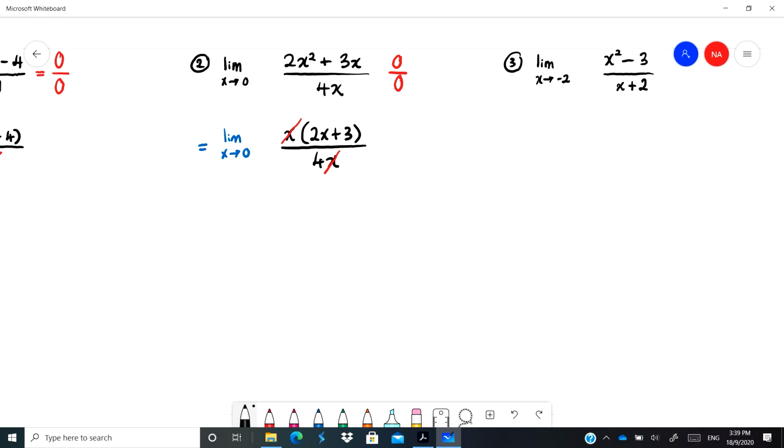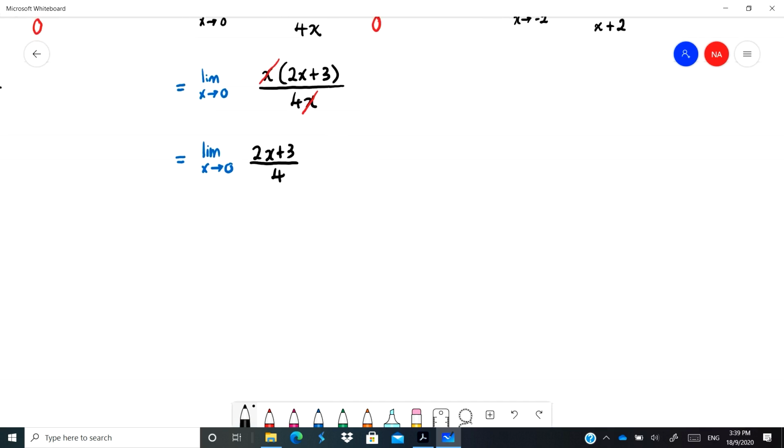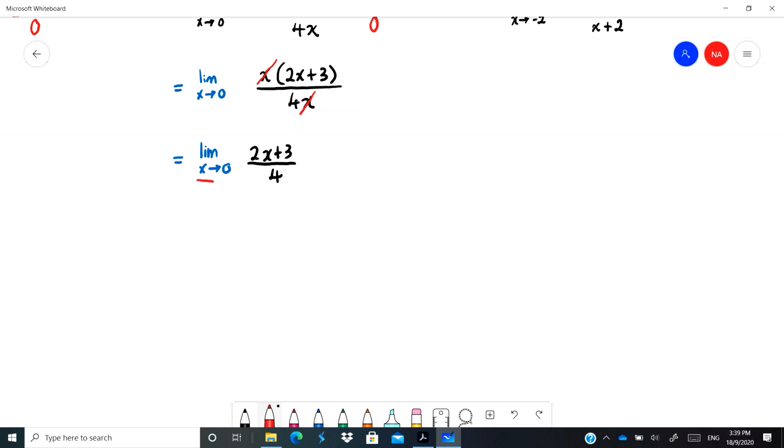So you will copy the limit as x approaching 0, because we have not substituted x equal to 0. We'll have 2x plus 3 over 4. Now you can substitute x with 0, so you will have 2 multiplied by 0 plus 3, over 4.